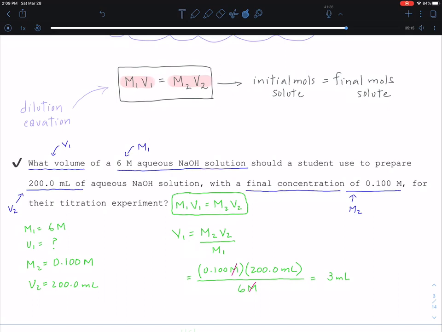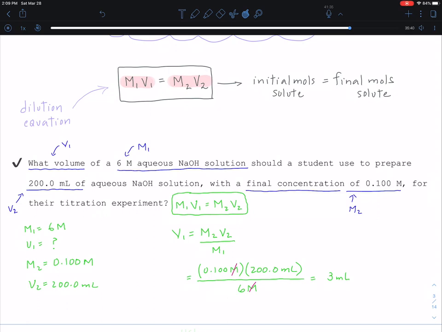I'm going to quantitatively transfer it to a volumetric flask, and I'm going to add enough water such that I have a total final volume of 200.0 milliliters of my new sodium hydroxide solution. If I do that, I should have a final concentration of 0.100 molar.